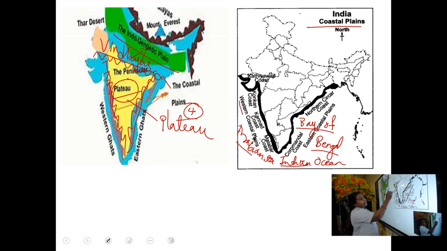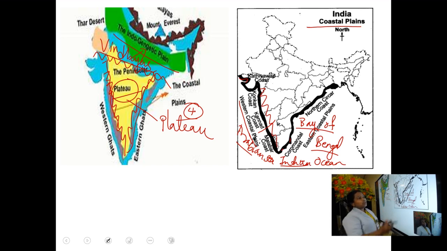Then here the parts which are shown in black color are the coastal regions of India. Here in the western part we call it the western coastal plains. It has been divided into two. The northern part of the western coastal plain is called Konkan coast and the southern part Malabar coast. This coastal area exists between the Western Ghats and the Arabian Sea.